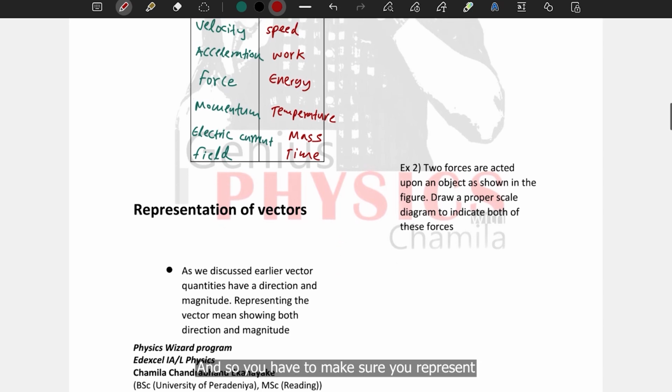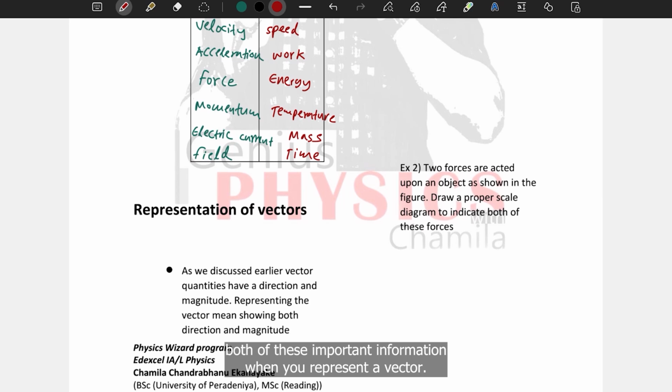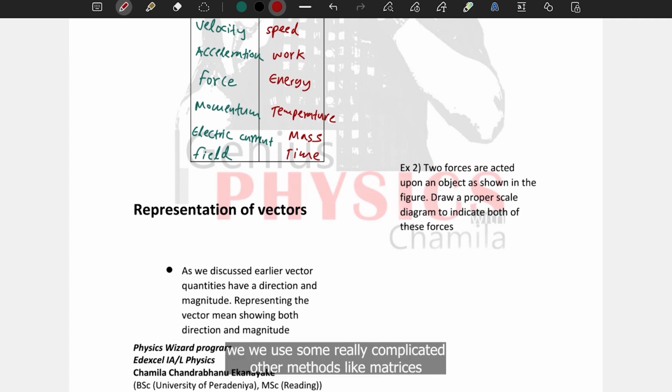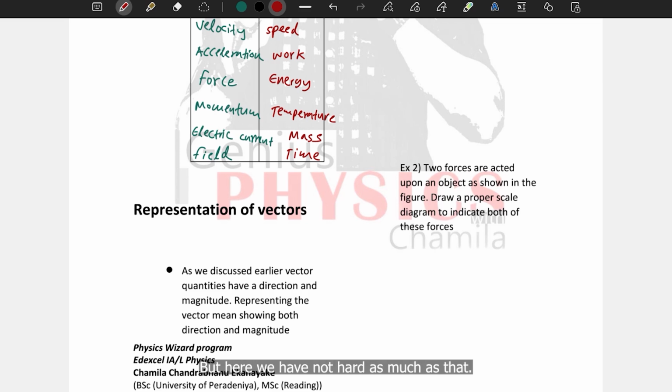So you have to make sure you represent both of this important information when you represent a vector. The simplest possible way at A level, but at university level, in master's level, we use some really complicated other methods like matrices and some other methods to represent vectors. But here it's not as hard as that. The concepts are quite easy here.